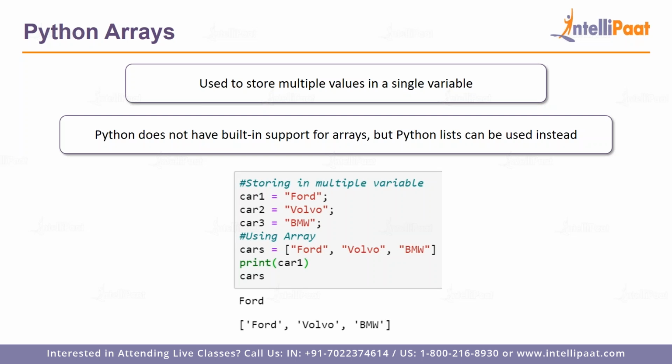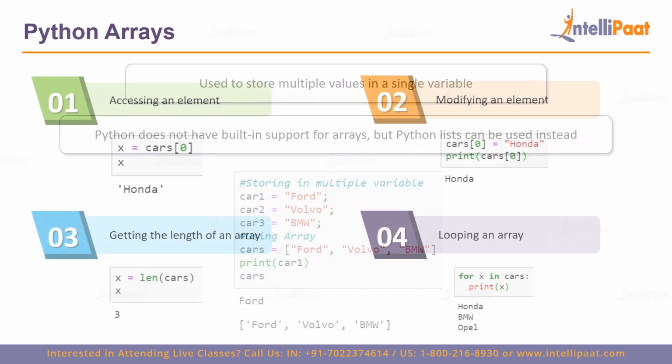You don't call them arrays, you call them lists, which sounds more readable and more intuitive. Python does not have built-in support for arrays, but Python lists can be used instead. So instead of creating three variables to store all three strings as we have done in the code listed below, we can do it in an array and just use them ourselves.